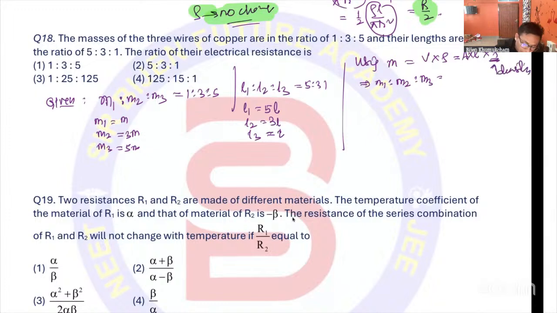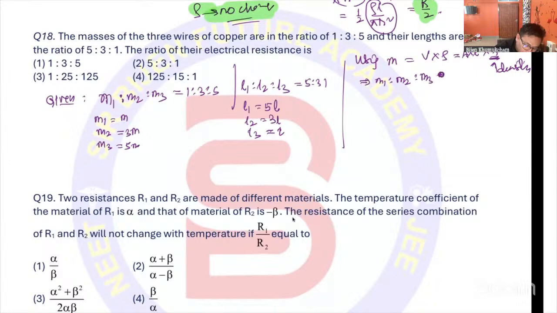So M1 is to M2 is to M3 equals A1 L1 is to A2 L2 is to A3 L3.